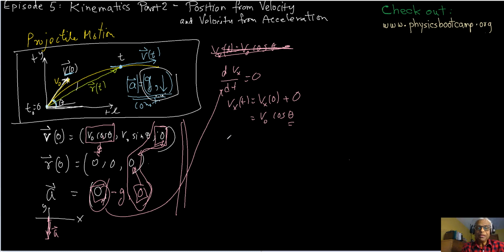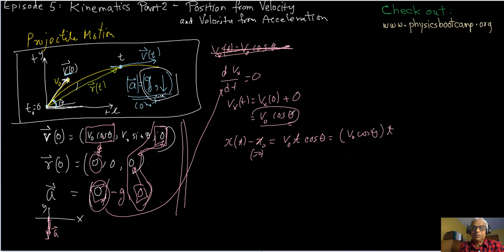So if I look at x of t minus x0, which is 0 because of that, and integrate, I get v0 t cosine theta, or you can write v0 cosine theta t, because this is all constant.